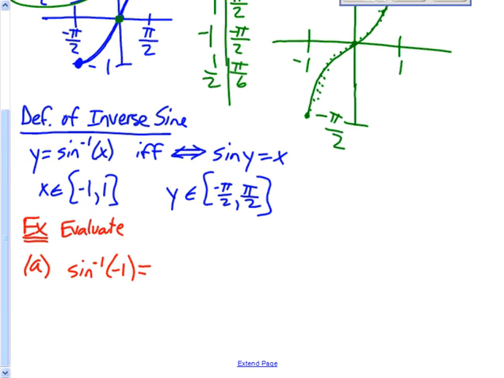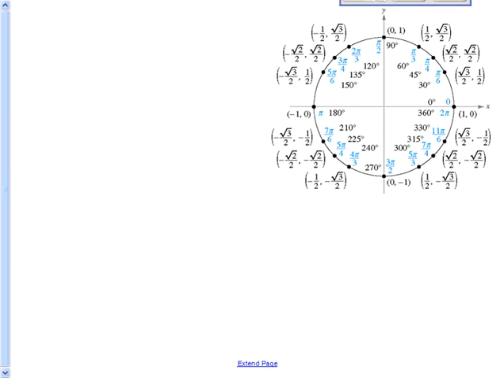And I like to think about it backwards when I'm doing these. So I say, well, if the arc sine of -1 is theta, that means that if and only if the sine of theta equals -1, right? So you say, well, where is that at? The sine of what value gives me -1? And then you can just go back to your unit circle, and remember I'm between negative pi halves and pi halves that I'm looking on this, right?